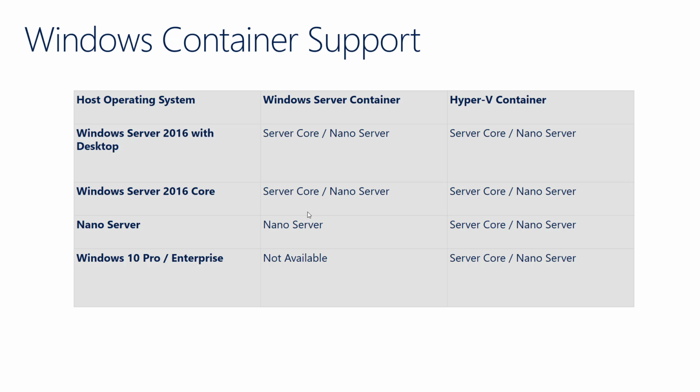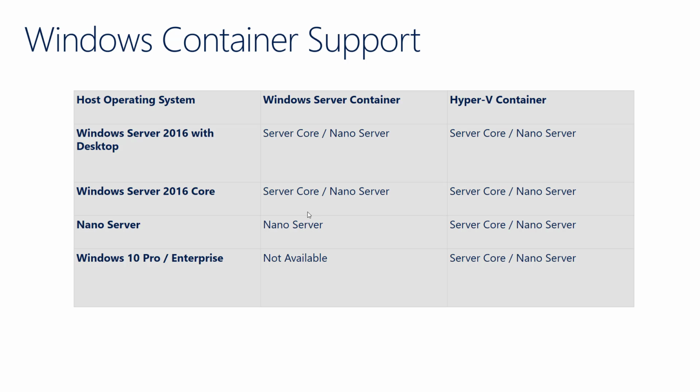We can also run Server Core and Nano Server on top of Server 2016 Core. We can run Nano Server on Nano. So basically what we're saying is that we have to have support for what that container actually requires. So as we move down that list, you'll see that the options become more restricted.